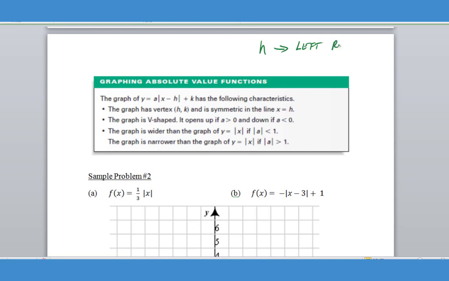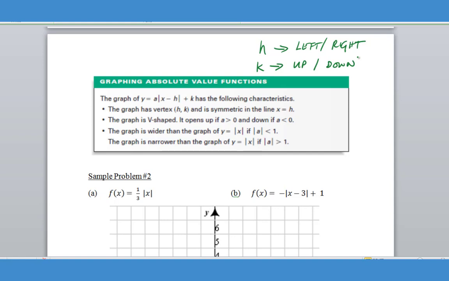Now, if you recall, it always seems to be doing the opposite of whatever value is inside the absolute value bars. The k value was added outside of the absolute value bars, and it always shifts the graph up or down. And of course, it's doing exactly what the sign is telling us it's doing.